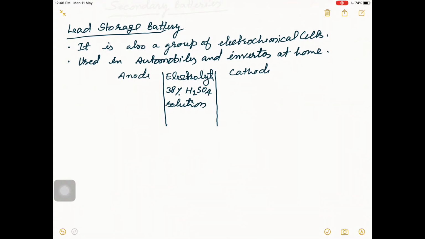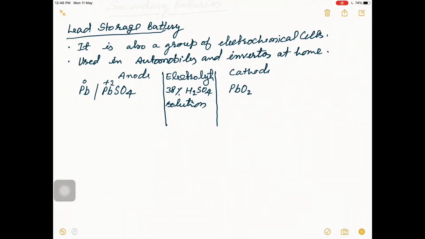At the anode, a lead grid is used, and at the cathode, lead dioxide, PbO2, is used. At the anode, lead oxidizes to give PbSO4. This will oxidize because there is a zero oxidation state of lead in the lead grid, and this will convert into PbSO4, which has a +2 oxidation state of lead.